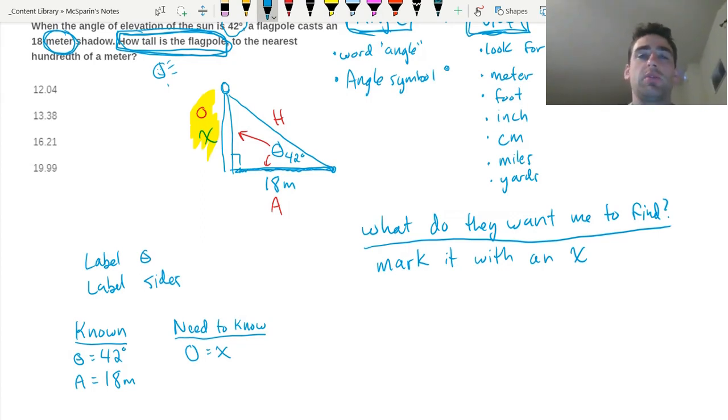I'm not going to tell you which relationship to use, but I am going to say you should notice that when you are working with an O and an A, there is only one relationship that is going to use O and A. Now you're going to have to figure out whether you use the regular or whether you use the inverse, but I'm going to let you take it from here.